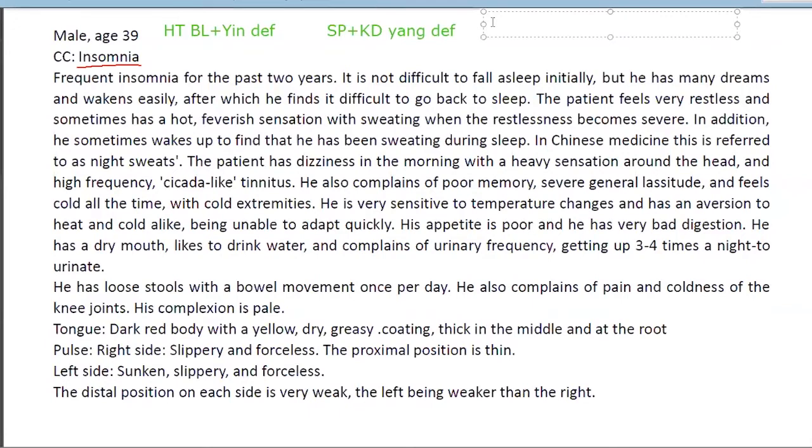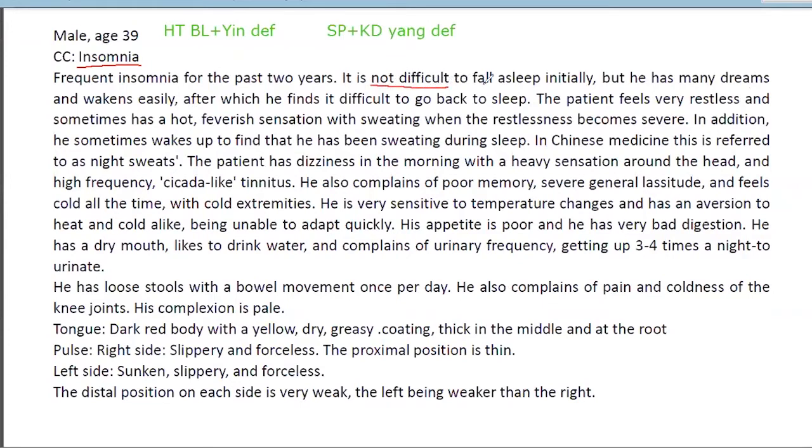Sorry, Jin, can we go back to why it's a heart blood deficiency as well as a yin deficiency? I see the yin deficiency clearly, but the pale complexion, is that the only piece there? Okay, let's go to blood deficiency. Basically the problem is not difficulty falling asleep.